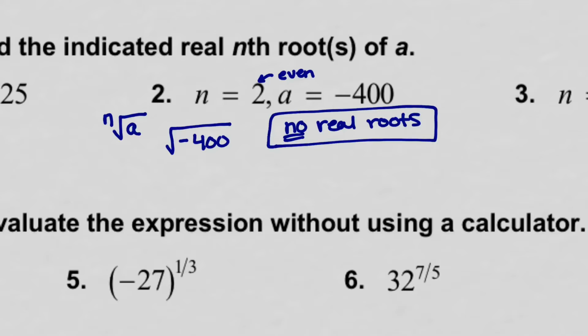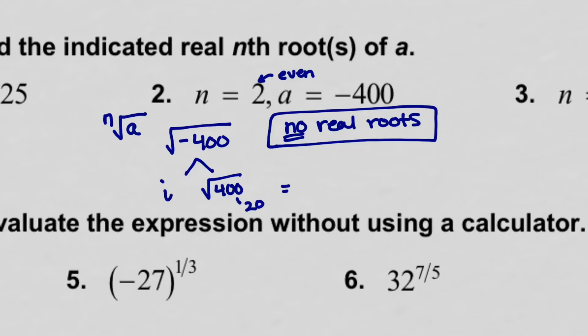Now that's not to say that roots don't exist. That just means that they're not in the real system. So we've already talked about, or I'm sure you've talked about, your complex numbers, and how we would find that is that for negative 400, we know we would end up with an i, and then we could just look at what is the square root of 400, and the square root of 400 we know is 20.